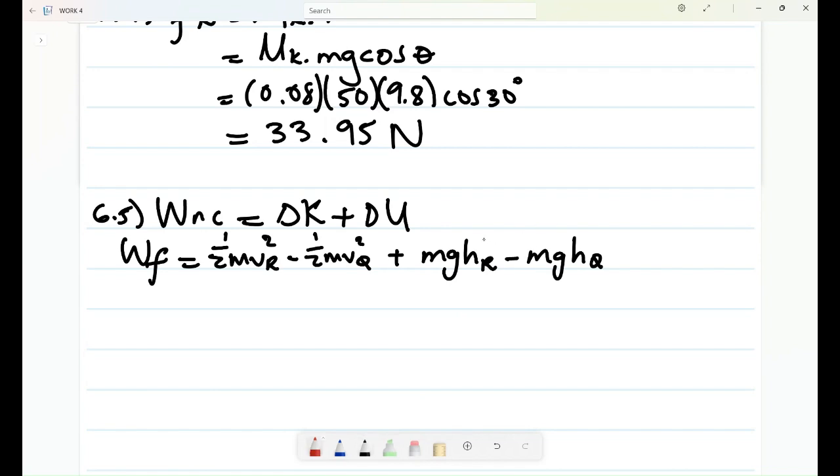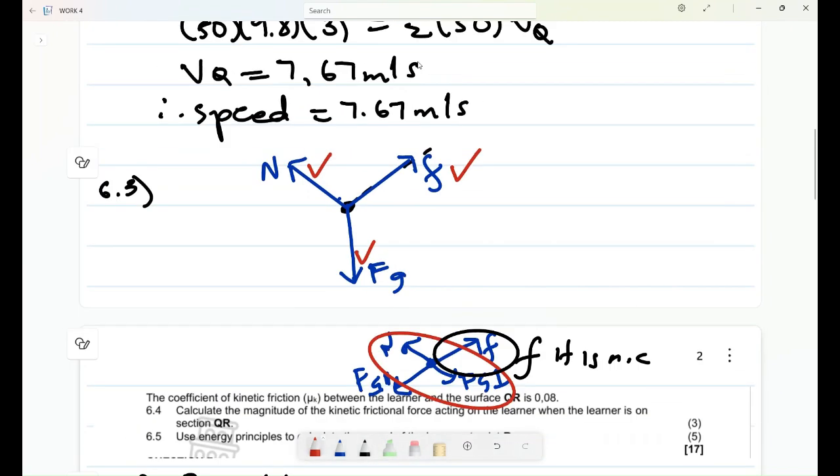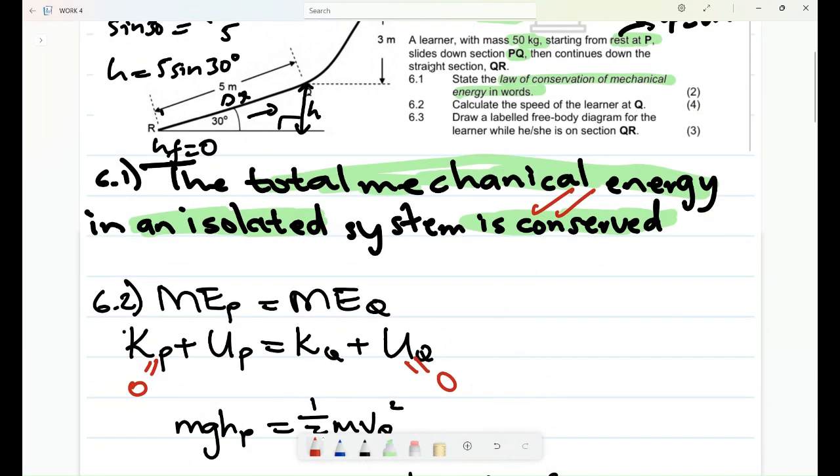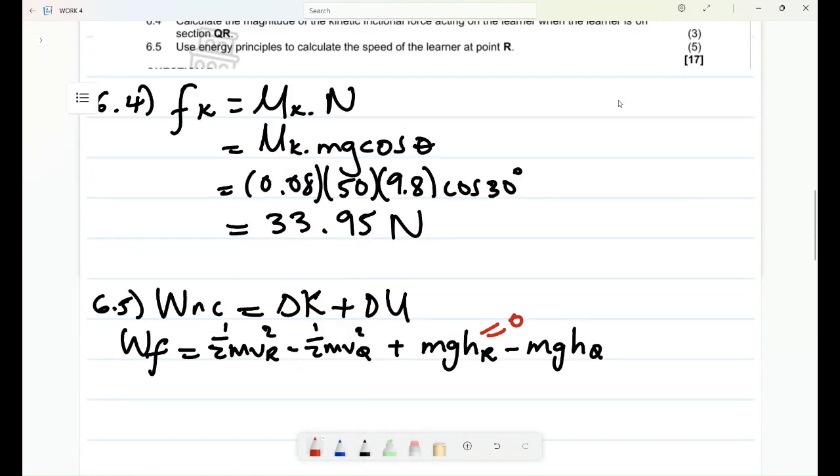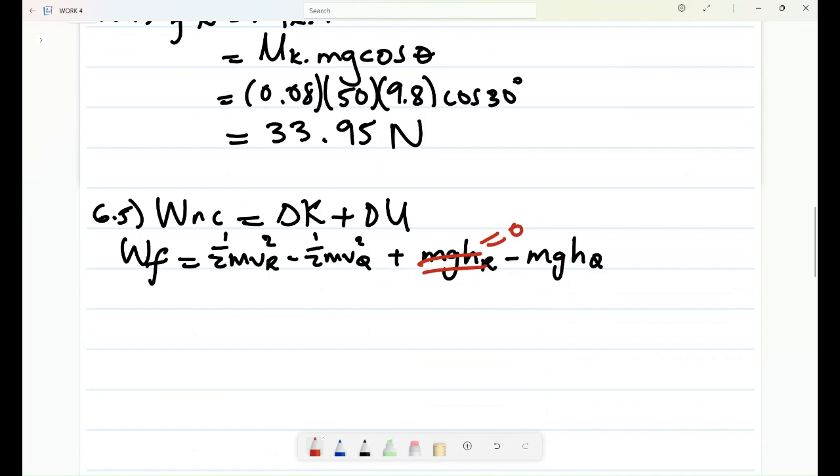But now we said height at R is 0. Why? Because there is no height here. It is at the ground. So I'm going to substitute this as 0, and I'll ignore this one when I substitute.